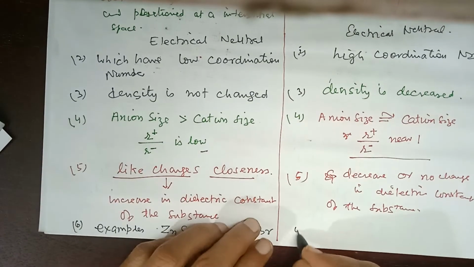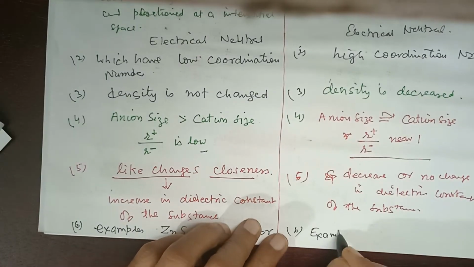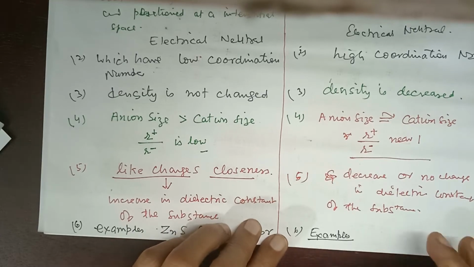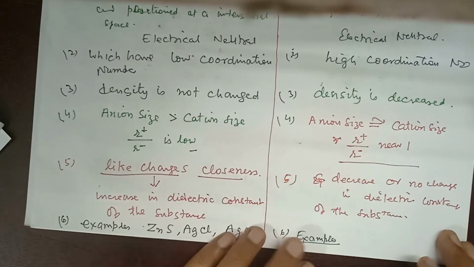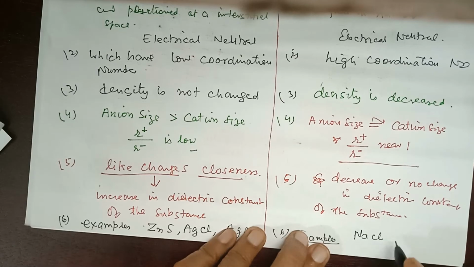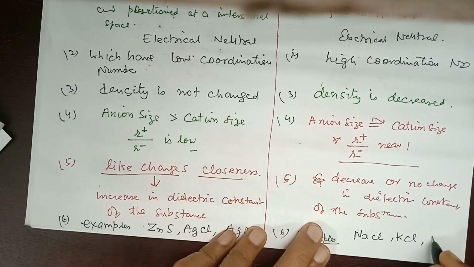Examples of the solids which exhibit Schottky defect are NaCl, KCl, CsCl and AgBr.